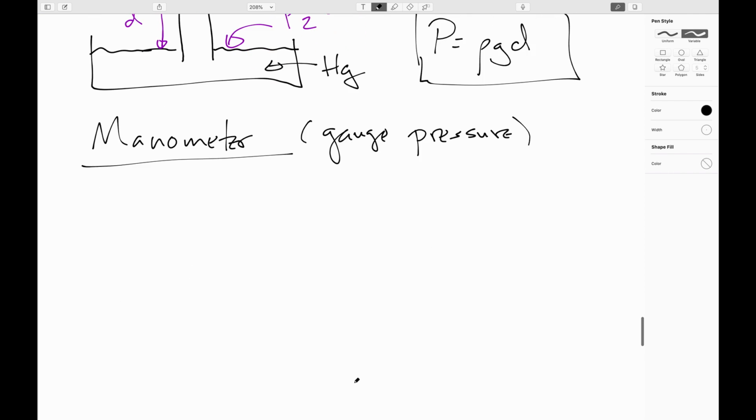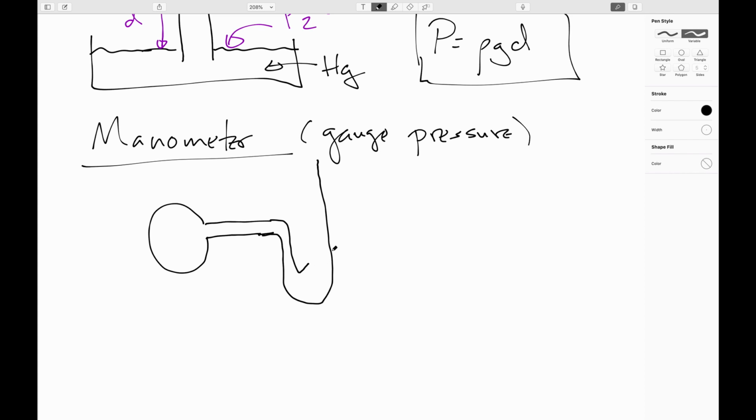So here, let's say you want to measure the pressure of a sample of gas, but you only care what it is relative to atmospheric pressure. What you might do is put a little U-shaped bit of glassware around like this and fill it with some liquid. This liquid could either be mercury or water.